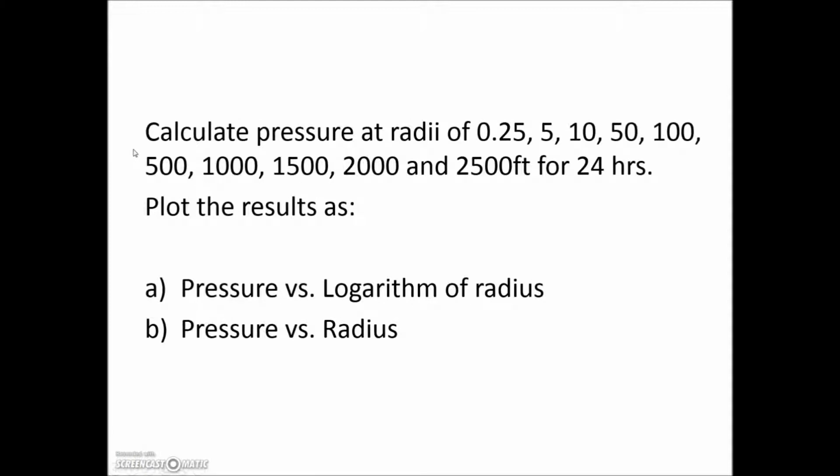Next, calculate pressure at radii of 0.25, 5, 10, 50, 100, 500, 1000, 1500, 2000, and lastly 2500 feet for 24 hours. Then we plot the results as pressure versus logarithm of radius and pressure versus radius.